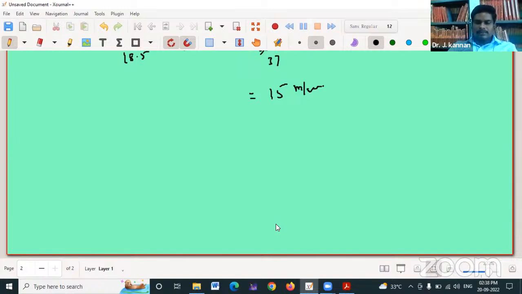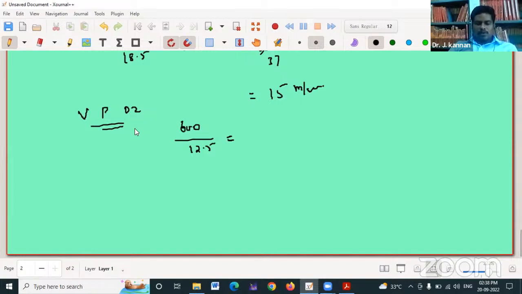The problem asks for the speed of vehicle P in day 2. Vehicle P on day 2 covers 600 and the time is 12.5 hours. So this is the speed of vehicle P on day 2.